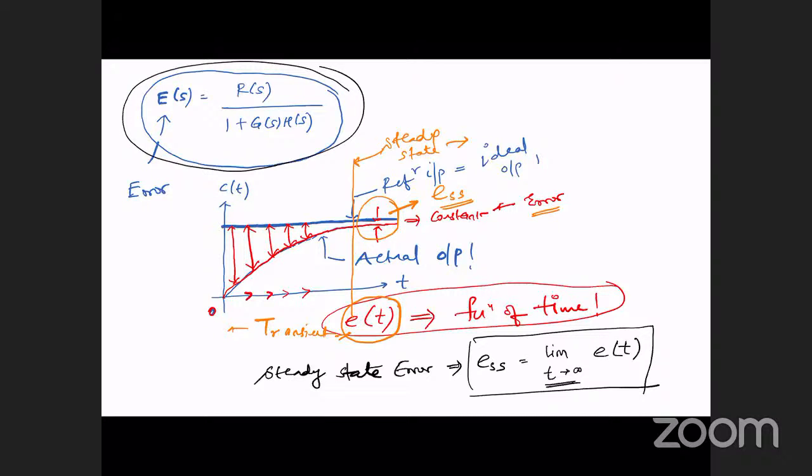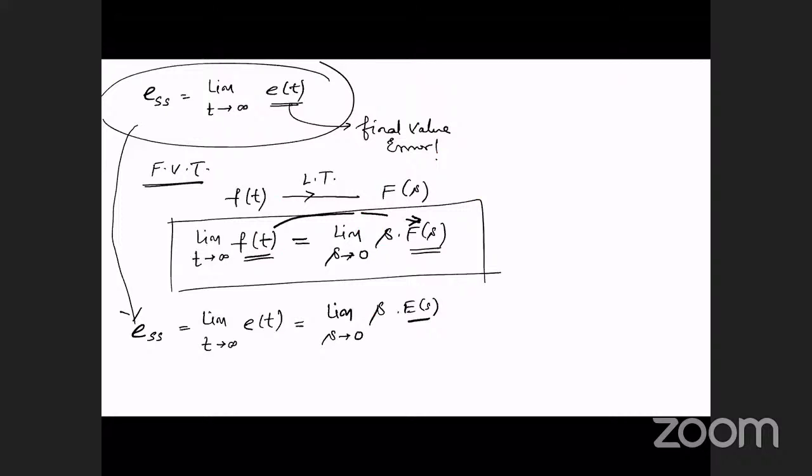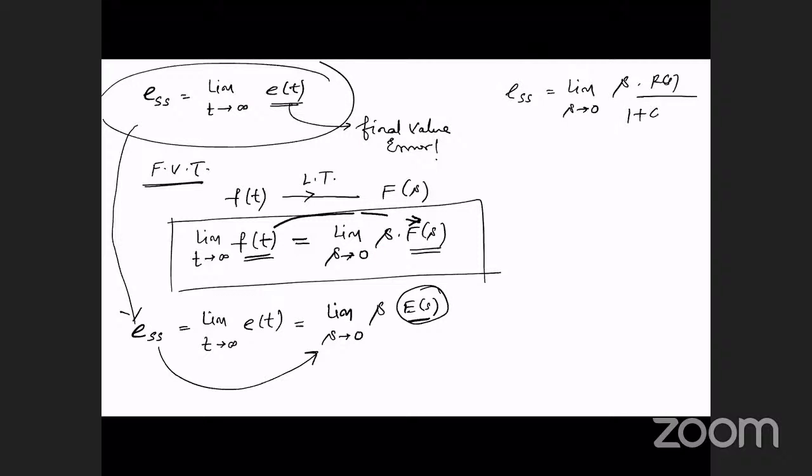Very good. So I'm going to substitute this E of s value. Finally, what I can write, ESS is equal to limit s tending to 0 of s into E of s, whose value, if you remember, was R of s upon 1 plus G of s into H of s.